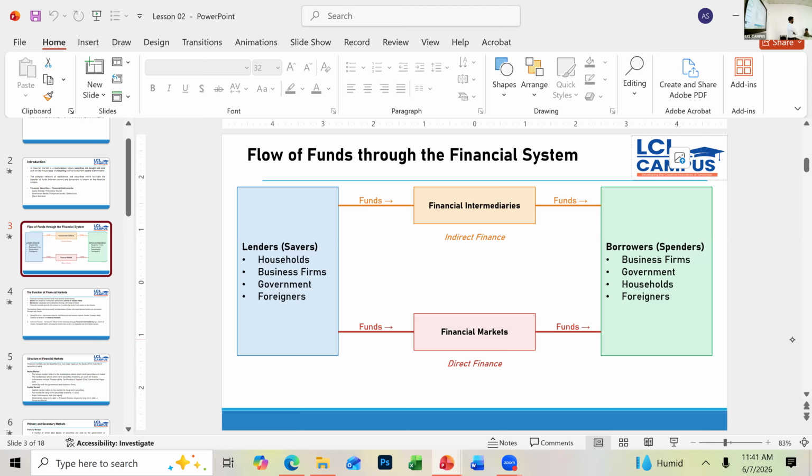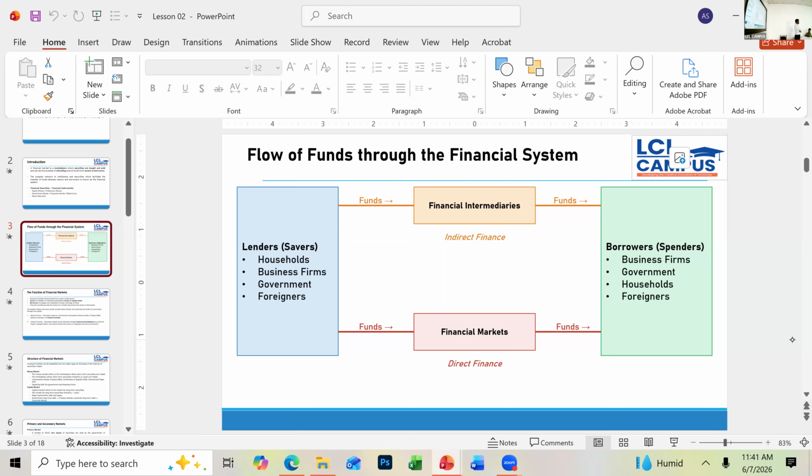Money market, can you remember? What is money market? It is a place where short-term securities are traded. Two examples also you should provide, no? What are the securities we trade in money market? Treasury bills.